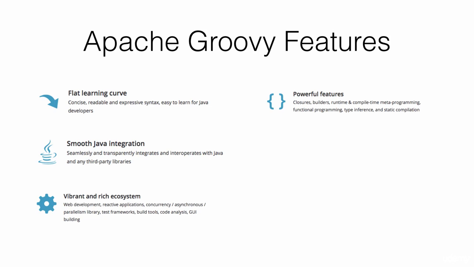Really great metaprogramming. That's really where all of the dynamic features come in, is the compile time and runtime metaprogramming. Functional programming type of coding, type inference, and there is the ability to do static compilation as well. So there's a lot of really great powerful features, and we're going to go through those throughout the course of this course.